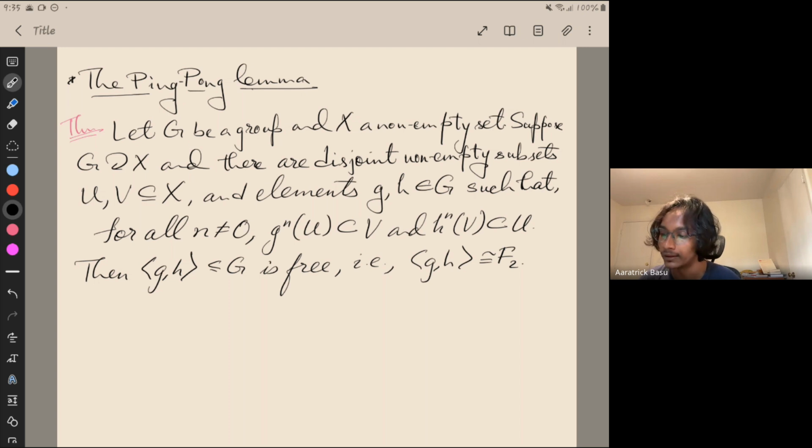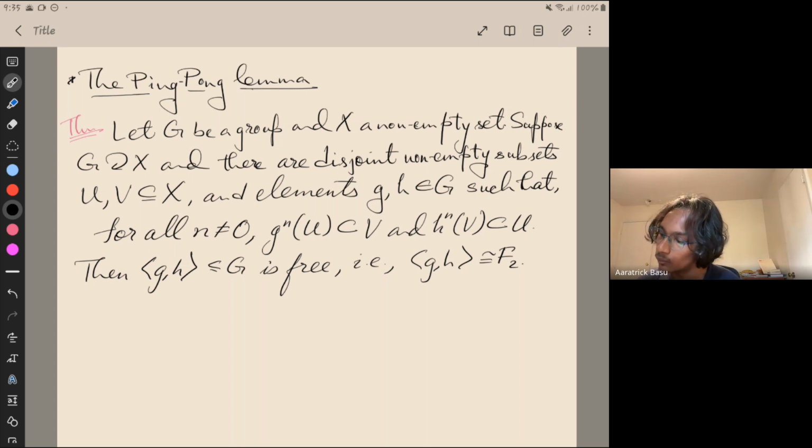When you have a group that comes with an action on some set, some topological space or vector space, maybe some graph, how can I find two such disjoint subsets U and V and elements for which this is satisfied? That's the hard bit. It's not at all trivial, and it's sort of an art to come up with those constructions. Time permitting, we'll do two examples, and maybe you'll appreciate that it's hard.